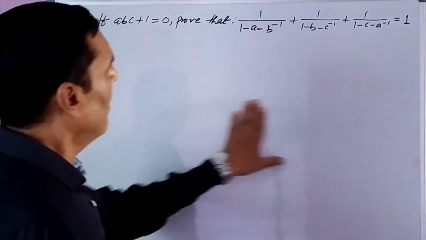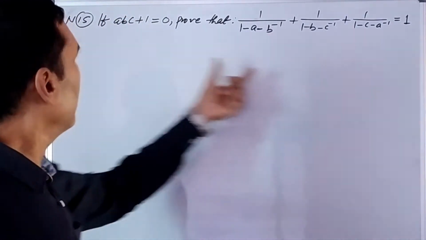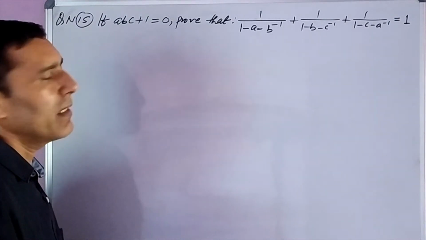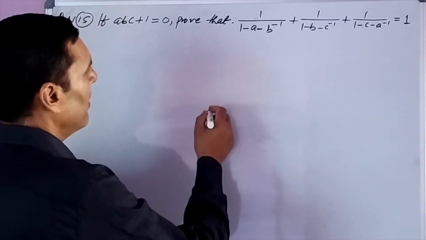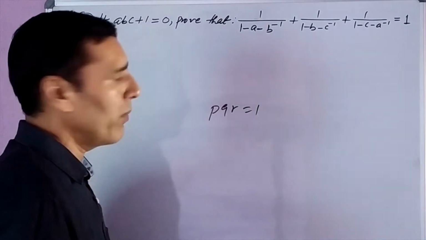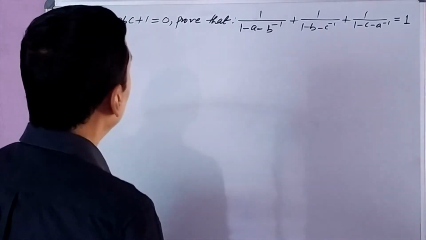So this also can be proved by taking the left hand side and using the given condition abc plus 1 is equal to 0. We did a similar question in the previous number also. It was given there pqr is equal to 1. Here it is given abc plus 1 is equal to 0.